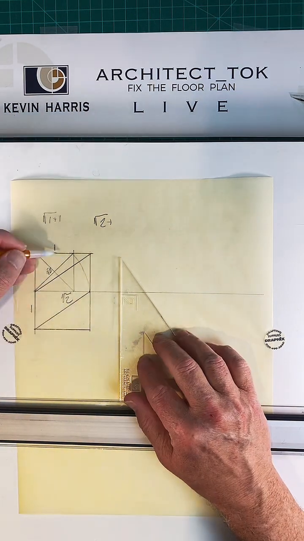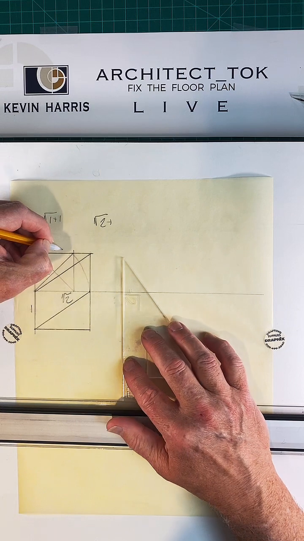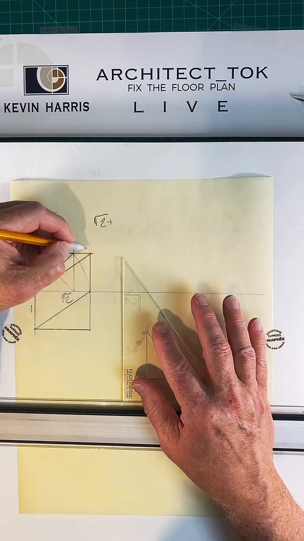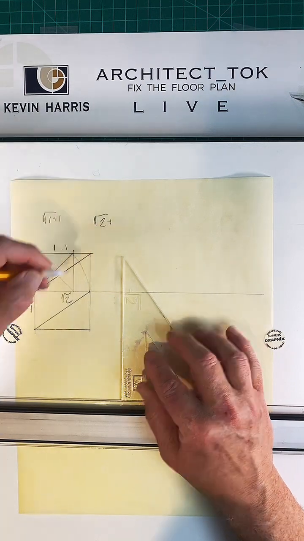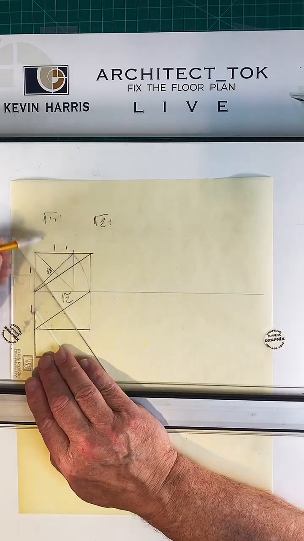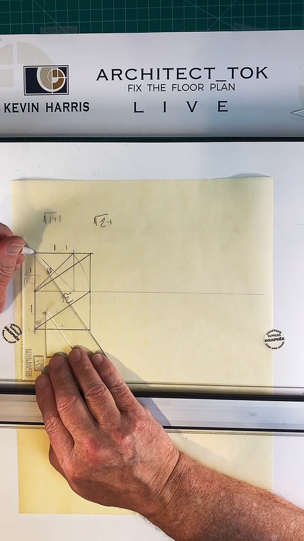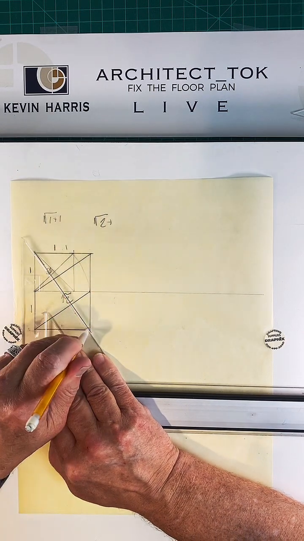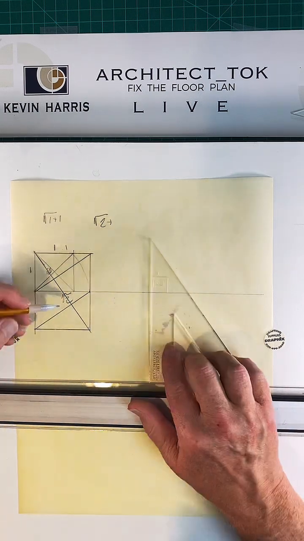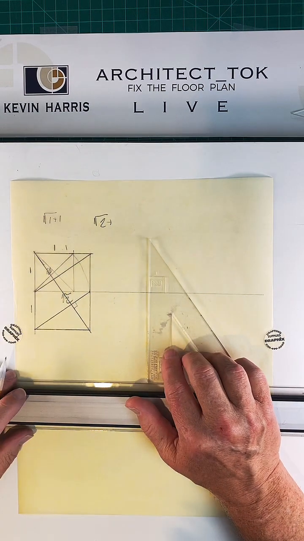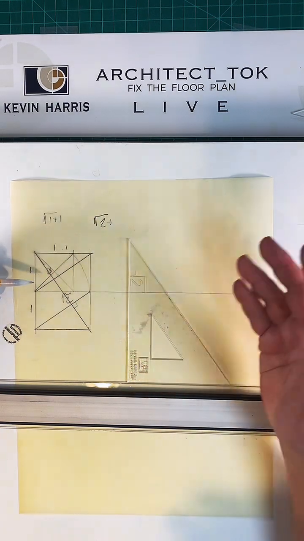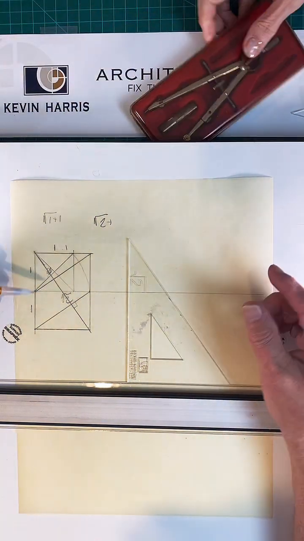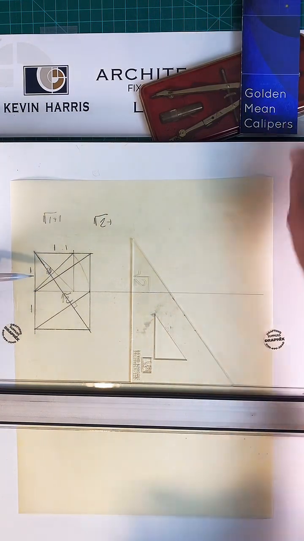I'm at 2 plus this number, which is the square root of 2 length, and you end up with another but larger square root of 2 rectangle. You can see it goes from corner to corner, and this is 90 degrees right here, okay? And so the square root of 2 rectangle, and this is why architecture is it, thank you, Liz.